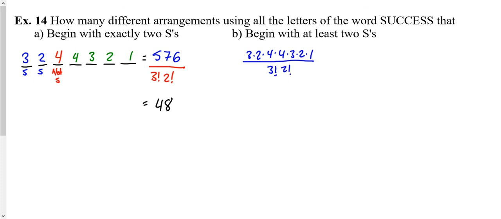2 factorial. And this here in blue is 2 S's. But we're going to do another case where we're adding on, and we have all 3 S's. Well, if you had all 3 S's, that would be 3, 2, 1, because that third letter was an S. Then you'd have all 4, all 3, all 2, and the last letter left over.